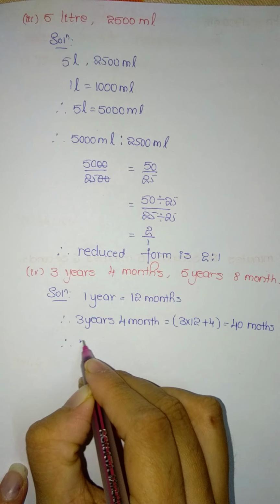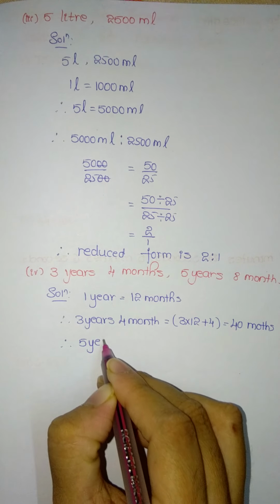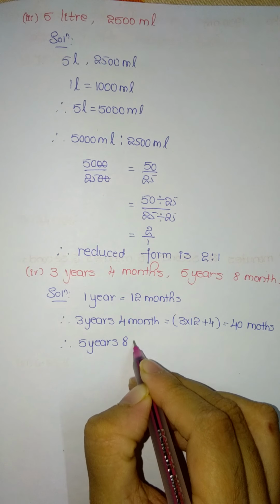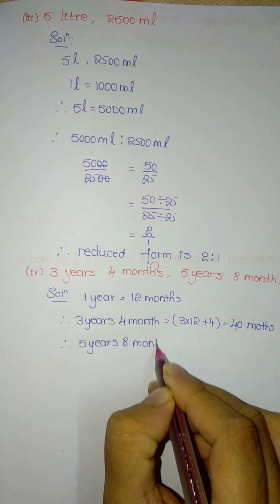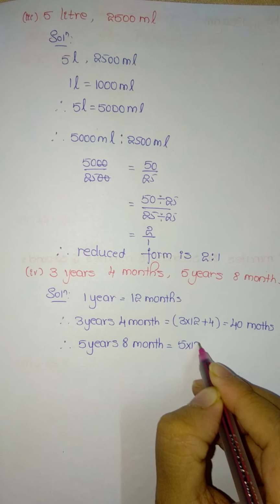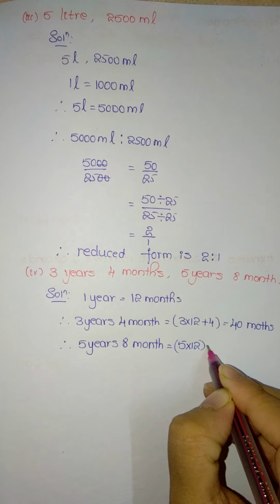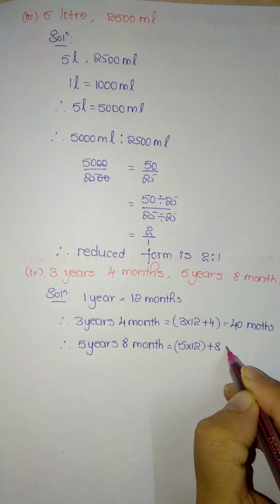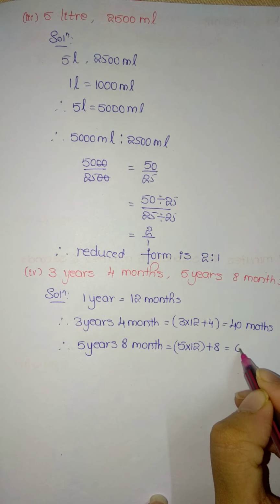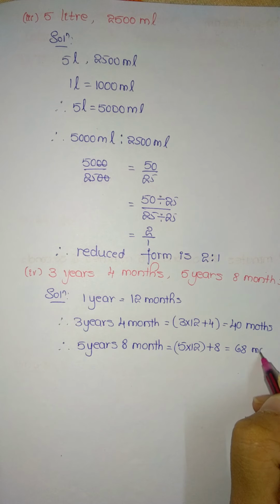Similarly 5 years 8 months equal to 5 into 12 plus 8; 5 12s are 60, 60 plus 8 becomes 68 months.